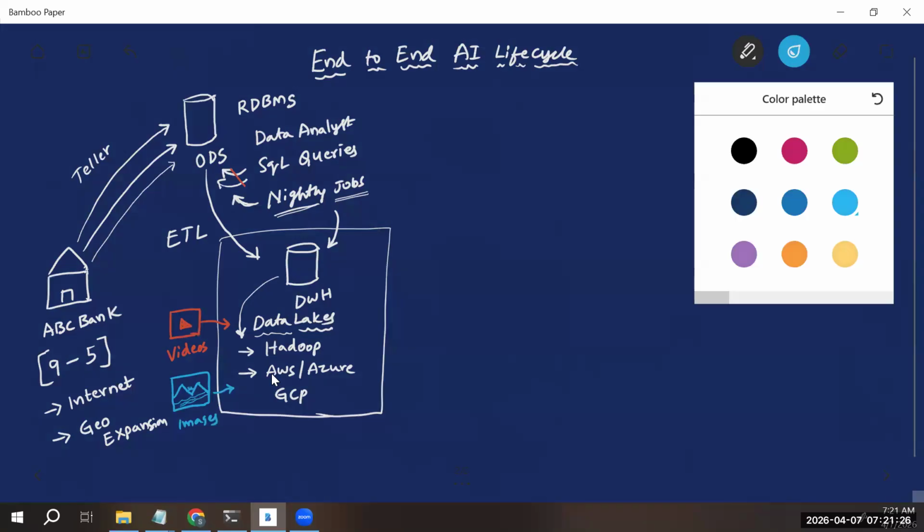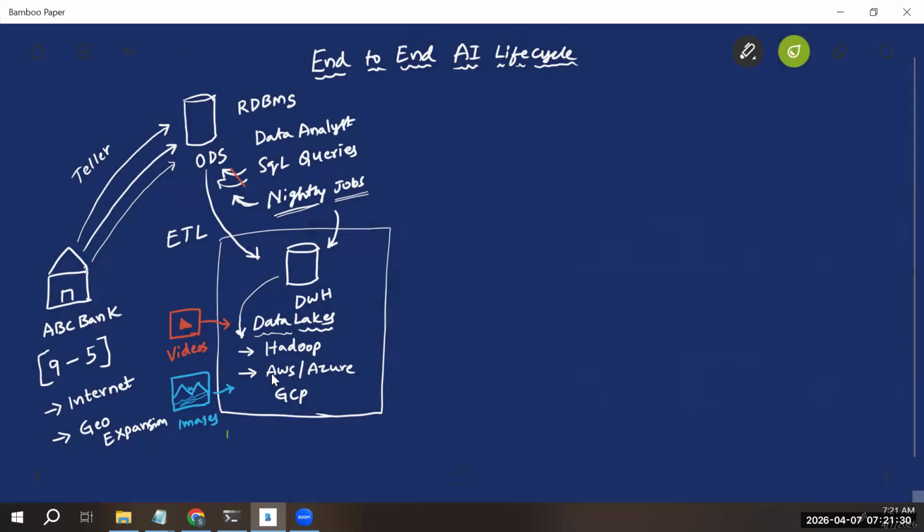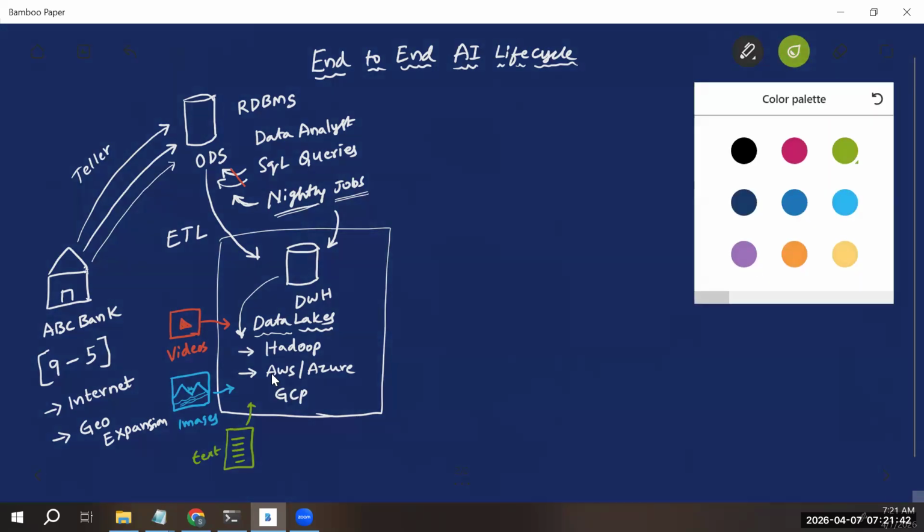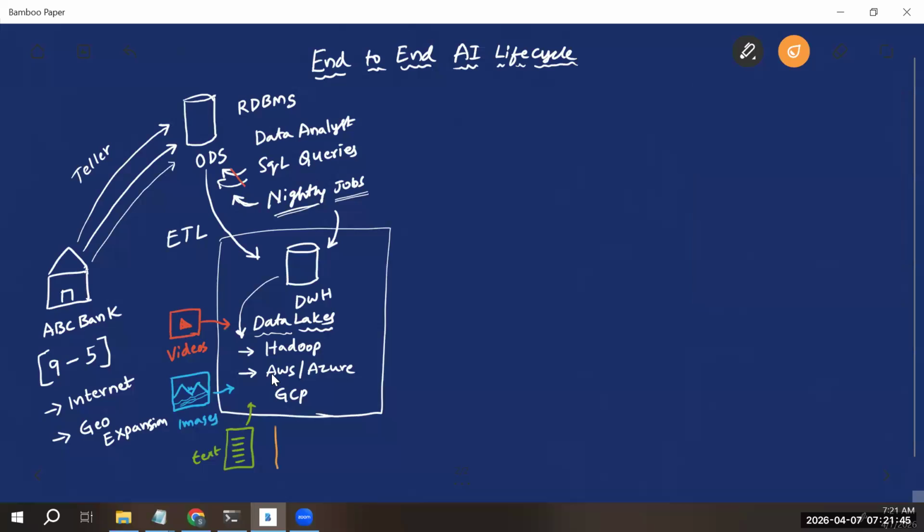You can store textual data. You can store log data.